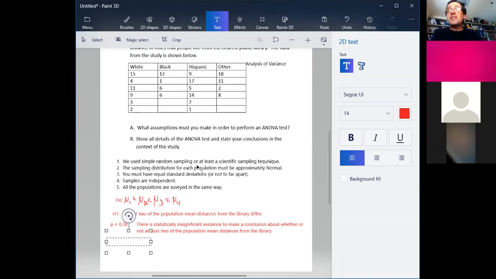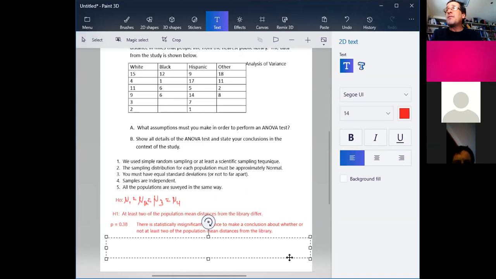There's another way of saying the same thing, which I want to include because you'll see it a lot. And that is, still there is statistically significant evidence to make a conclusion about whether or not, and what we say is, race is a factor in distance from the library.